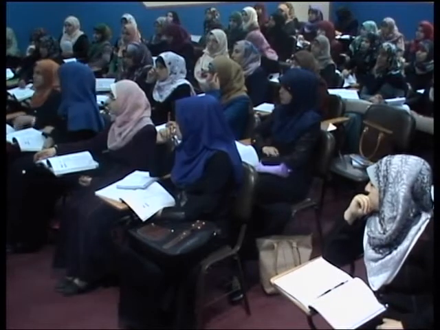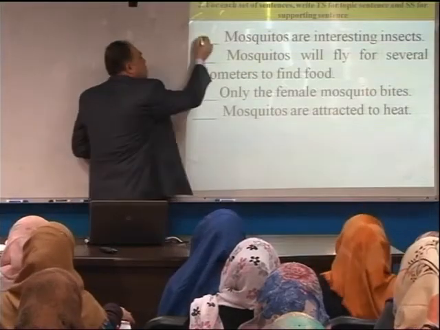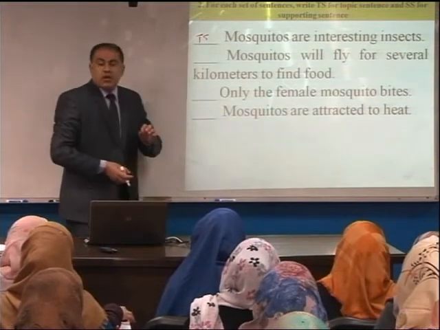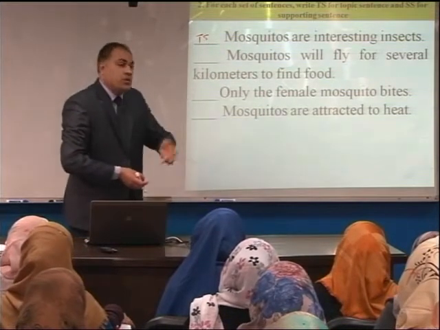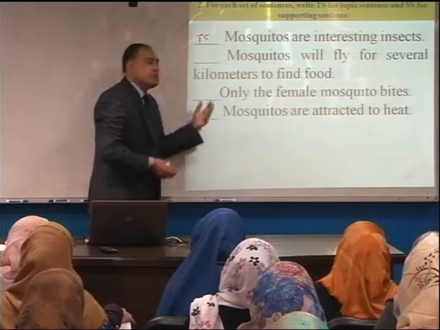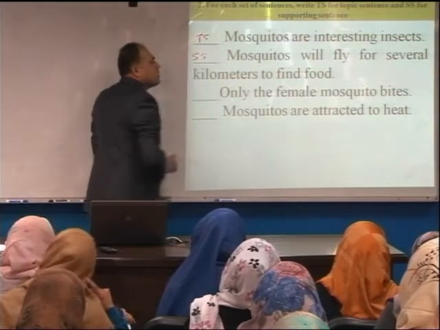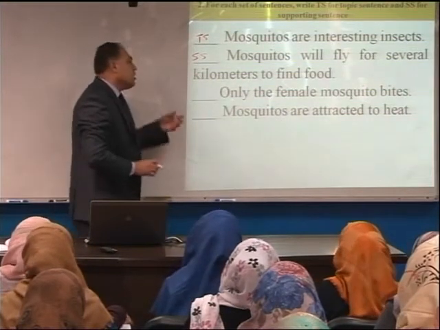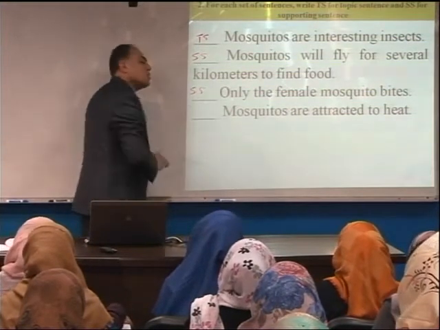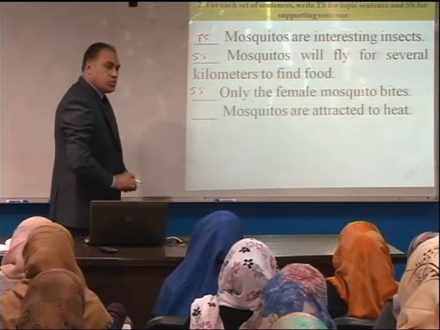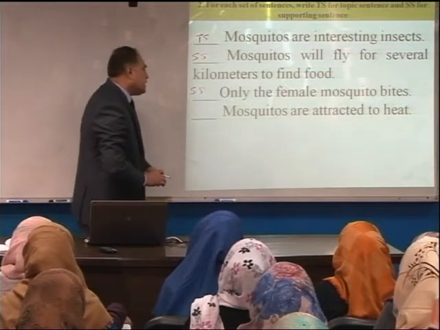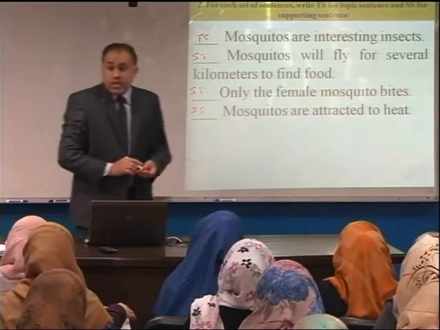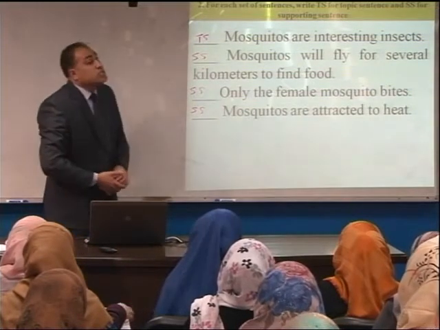The first sentence is the topic sentence. Yes, topic sentence. Mosquitoes are interesting insects. This is the topic sentence. Why? Because of these three reasons. The first supporting sentence is mosquitoes will fly for several kilometers to find food. Second, only the female mosquitoes bite. And the third one is mosquitoes are attracted to heat, and that's why they are interesting insects.